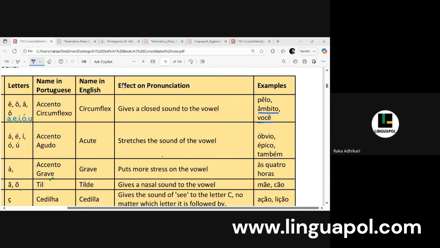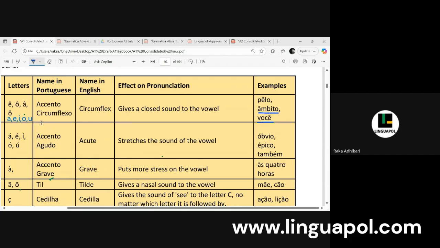Then we have the word pelu. So why am I saying it as pelu? It could have been pelu. If there was no accent in this, I would read the same word as pelu. But since we have the accent here, I'm reading it as pelu.